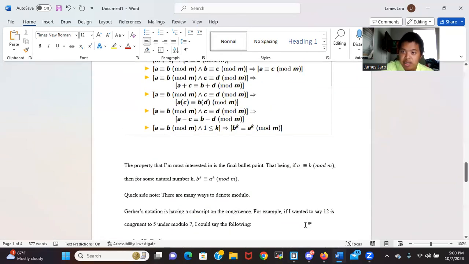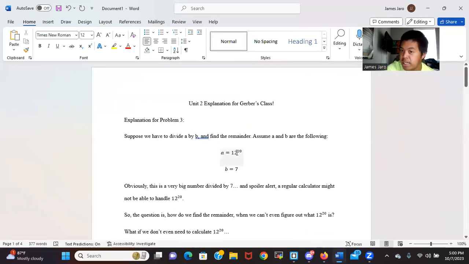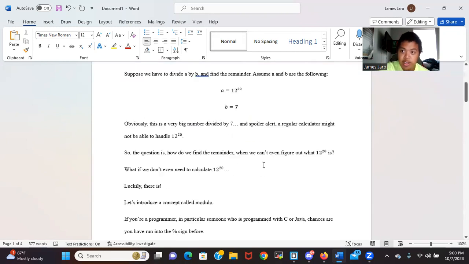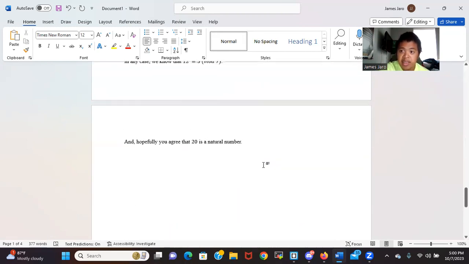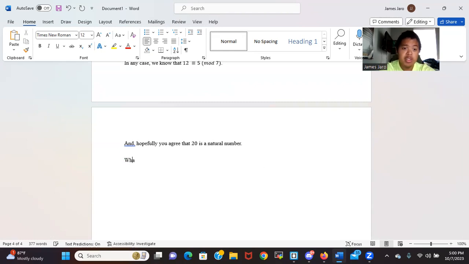Why did I pick 20? Because originally we had to divide 12 to the 28 by 7, and sometimes it's really hard to work with big numbers. So what we can do is make these numbers smaller. We're going to take our value of A and try to make it smaller using modulo properties.